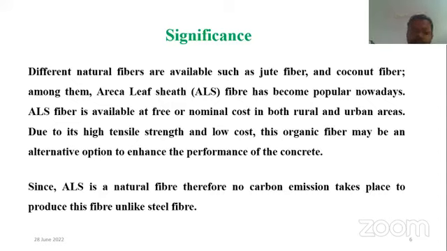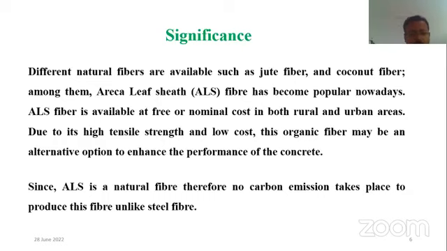Okay. Now, what is the significance of this current research? We can see the different natural fibers that are available, such as jute fiber, coconut fiber, that is also called coir fiber, banana fiber. Among all the available fiber, Areca leaf sheath fiber has become popular nowadays.